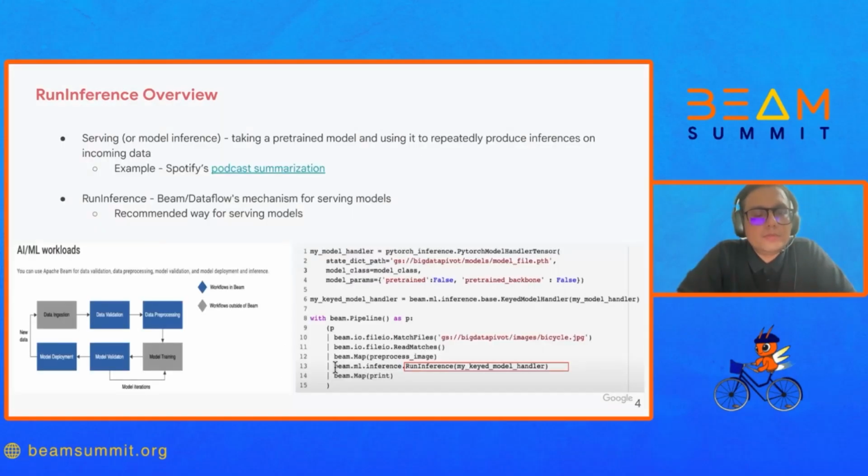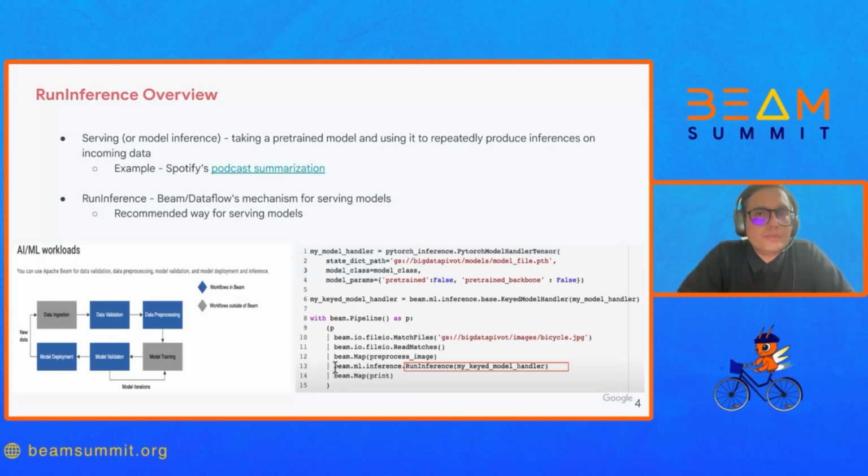Using this diagram, we can see that in any AI/ML pipeline, the data ingestion and the model training part are typically done outside of the pipeline. The rest of the steps can be done in a single pipeline, including the RunInference transform. RunInference transform is typically the way of taking batch or streaming data and generating inference on top of it.